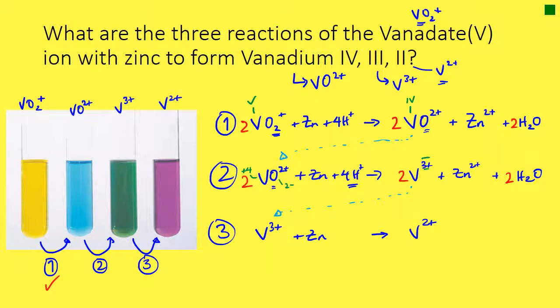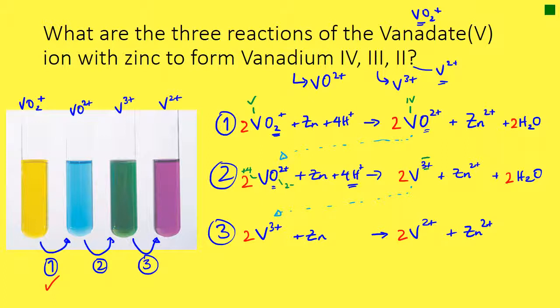So reducing agents are oxidized. And when zinc is oxidized, it gets oxidized to zinc 2+. And that's all balanced already, if we just add 2 and 2 here. So that's our third reaction, going from a green solution of V3+ to a purple solution of V2+. And they're the 3 reactions that you should be familiar with.